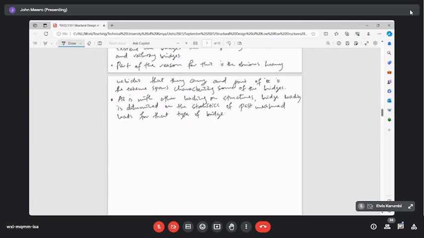How we determine the loading that will go onto that bridge is to say, traditionally or historically, what kind of vehicles and what kind of loads have been experienced on this kind of road. So we say 40-ton trucks. So that's what we design for. So that's what we provide.